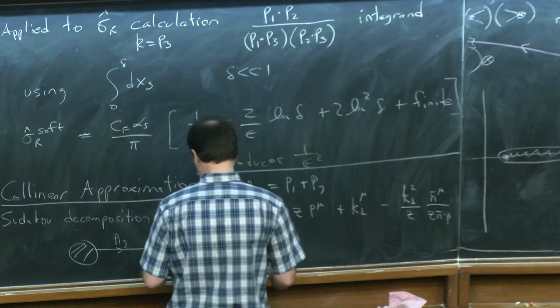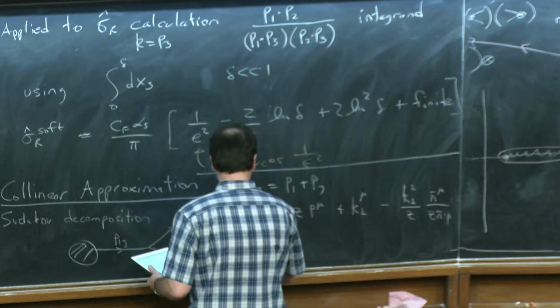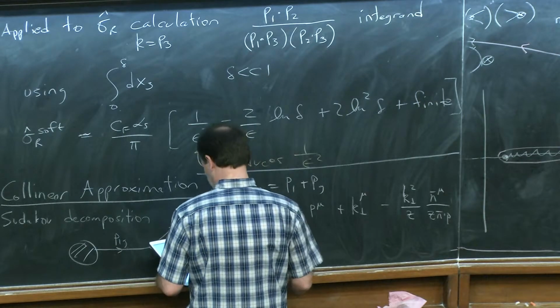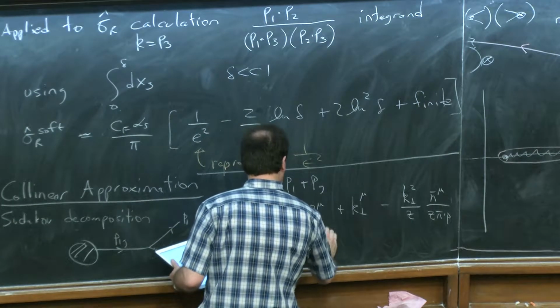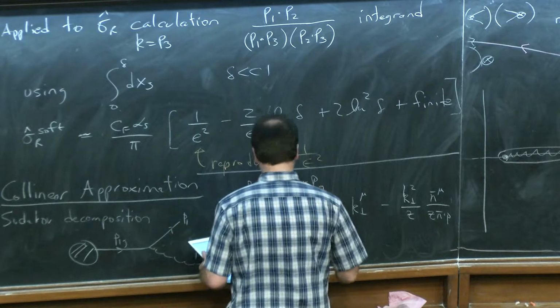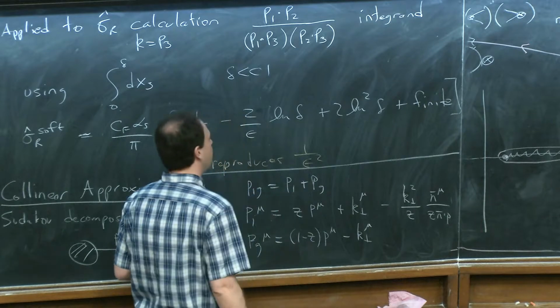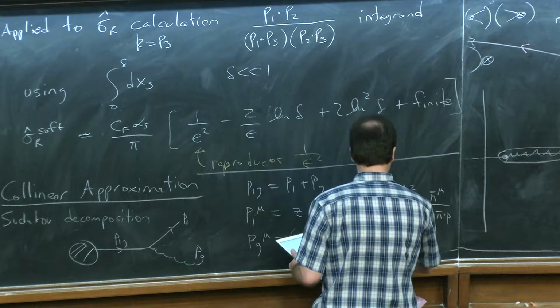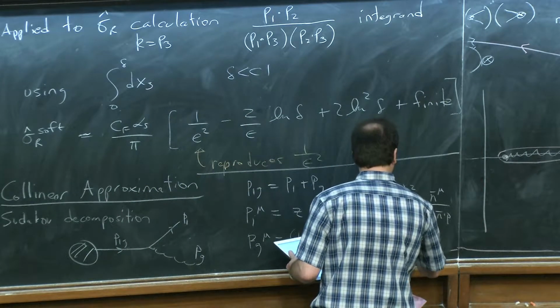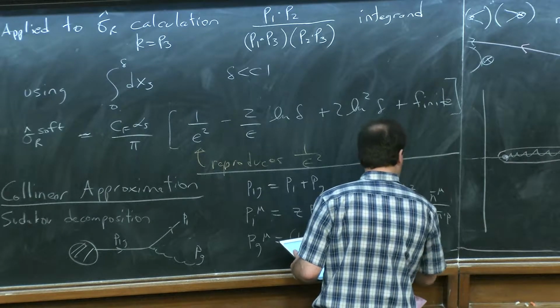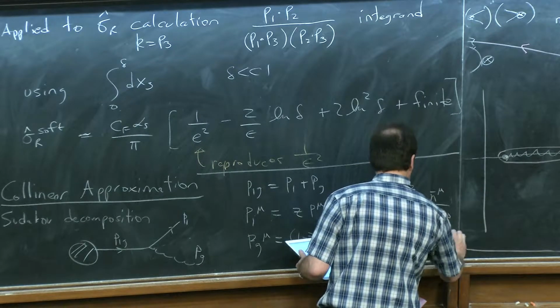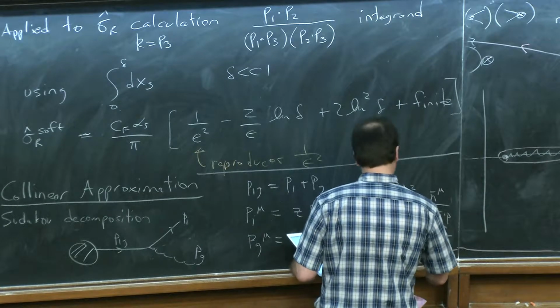The P and the N bar that are showing up in this formula, which I'll define momentarily, are some light-like vectors. And K perp is some transverse vector to those light-like vectors.